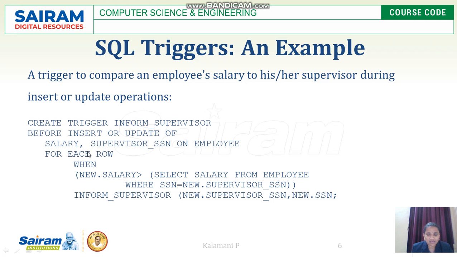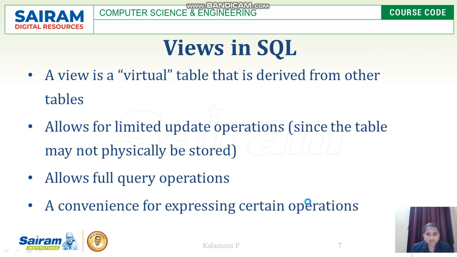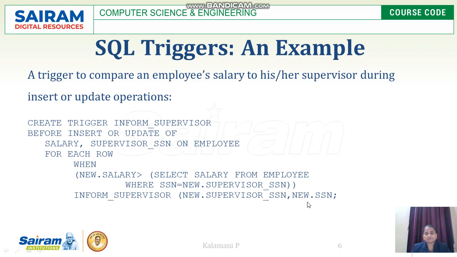For each and every row it will check WHEN new.salary, the new employee's salary, is greater than (SELECT salary FROM employee WHERE ssn = new.supervisor_ssn), then inform_supervisor(new.supervisor_ssn, new.ssn). Keep in mind that the parenthesis is not closed here.